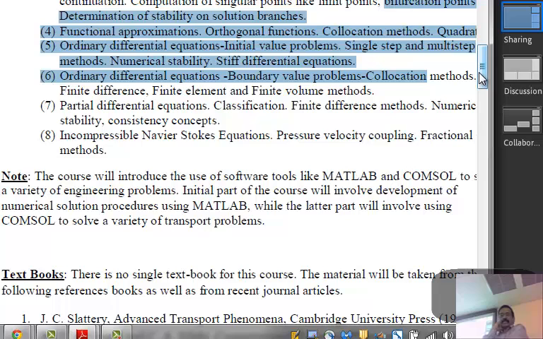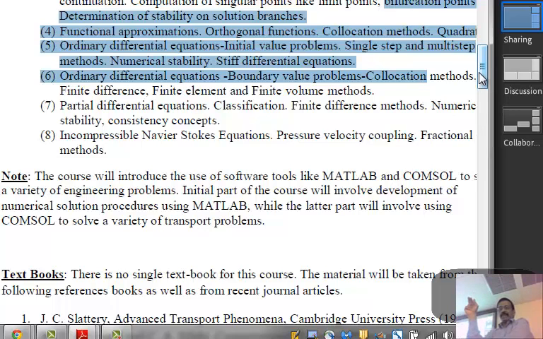And the other thing is my co-instructor in this course is going to be Mrinal. Mrinal, show up so that people know. And Mrinal is going to be preparing a set of problems and illustrating them with COMSOL. In COMSOL you don't really need to program, but you need to understand the physics and the numerics, and that's what I'm going to be focusing on in the lectures.